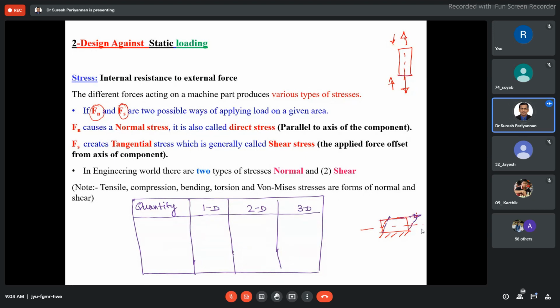Now, scalar is only magnitude, right? In one dimension, I'm going to consider 1 power 0, only magnitude. In 2 dimensions, scalar, 2 power 2 is equal to 2 power 0. Sorry.